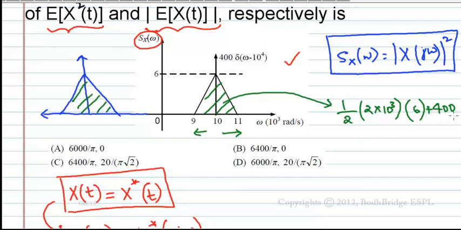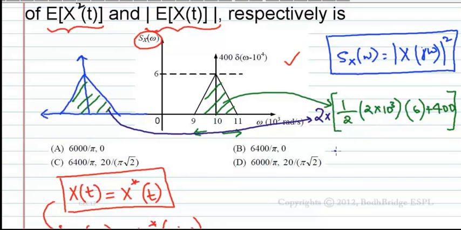The weight is 400. And this whole thing into 2 I will write. Why? Because of this area also comes into picture. Total area under the power spectral density gives power.